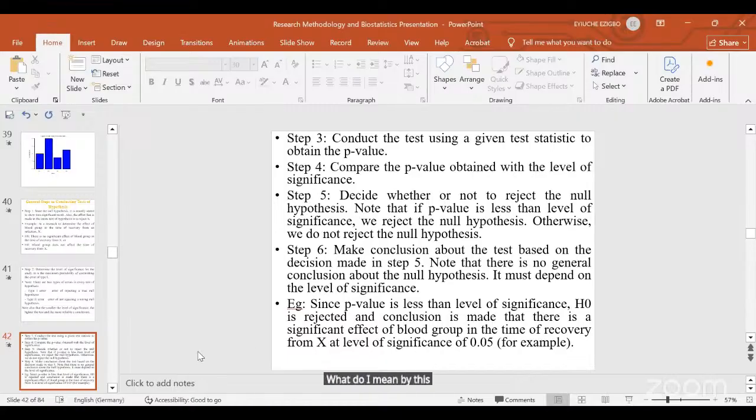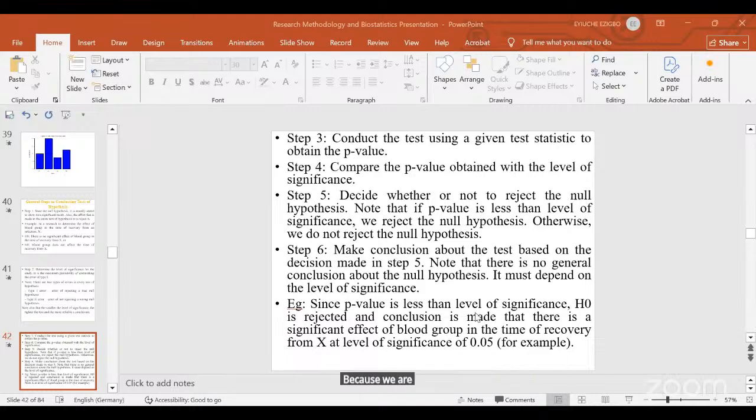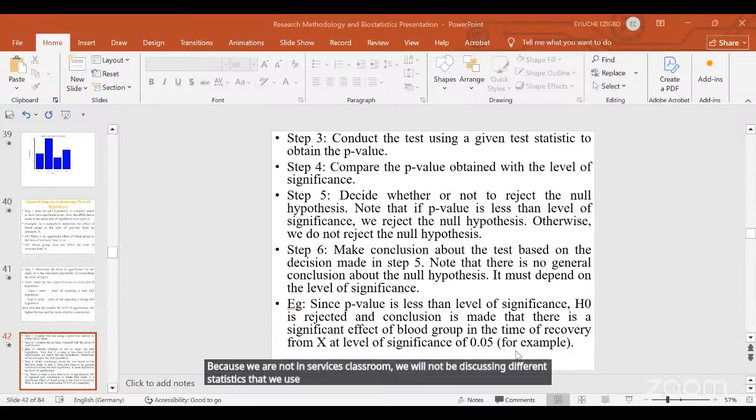We will not be discussing the different statistics that we use in hypothesis testing. The reason is that we are not in a statistics classroom, so we will not be discussing the different statistics.